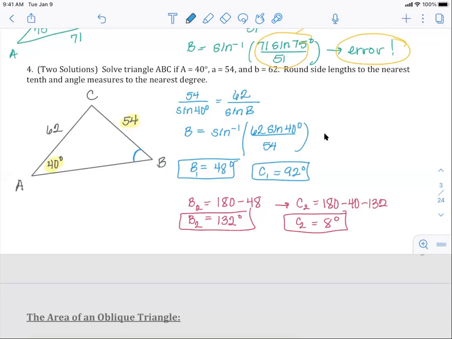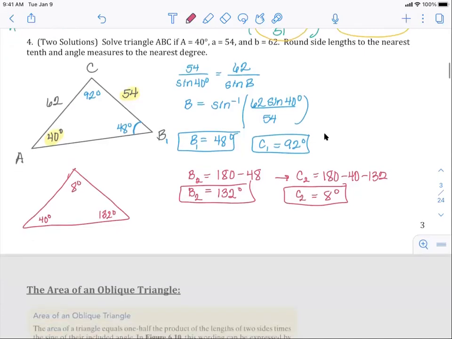So here's what this means. If this is B1, then this is 48 degrees and this is 92 degrees. If we have the second option for our angle, that means that we also have a triangle that looks like this: 40 degrees, 132 degrees, and then 8 degrees.